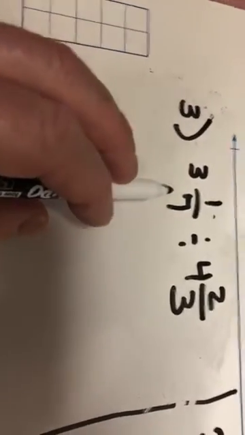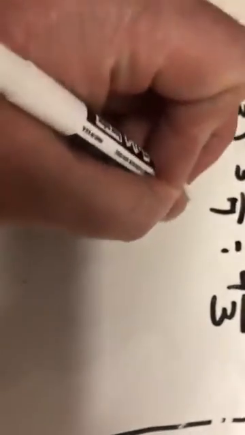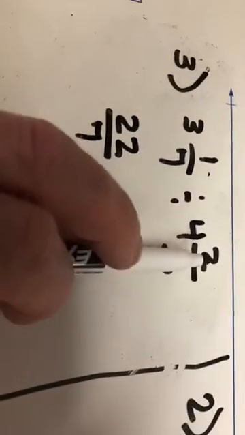But I go through the same process. Making everything a fraction. 7 times 3 is 21, plus 1 is 22. This becomes 22 over 7. My 4 and 2/3: 3 times 4 is 12, plus 2 is 14. It becomes 14 over 3. And that becomes a division sign.